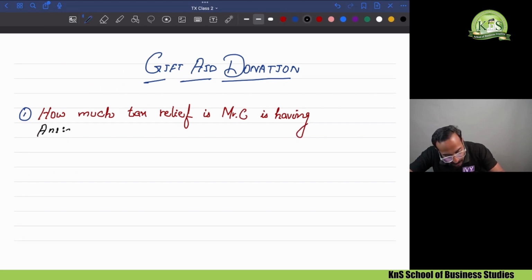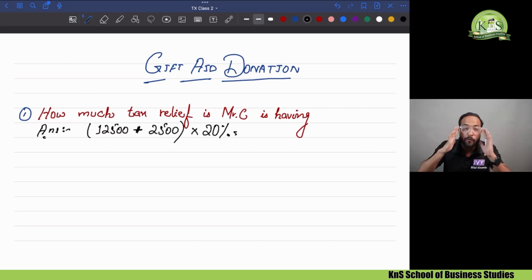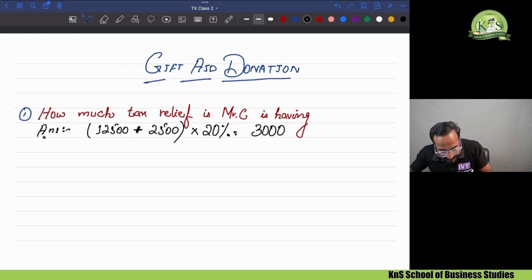Take the gross amount of personal pension contribution and gift aid donation, that is 12,500 for personal pension contribution and 2,500 for gift aid donation, and always apply 20%, meaning 15,000. The amount which helps you increase the band, that is 15,000, at 20%, 3,000 pound is the tax relief.